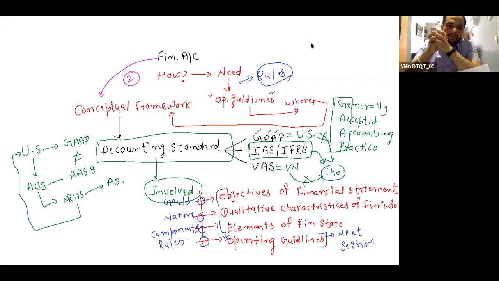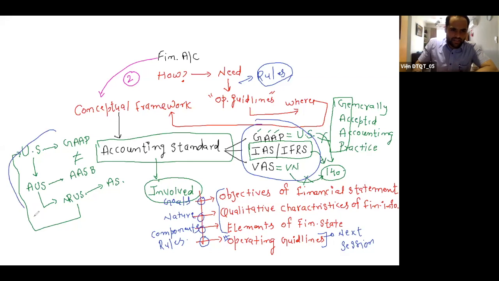Okay. So a student asked me about GAAP, Australia ASBRI. So you don't have to remember the meaning of this and that or that kind of things. It's just an example, right?